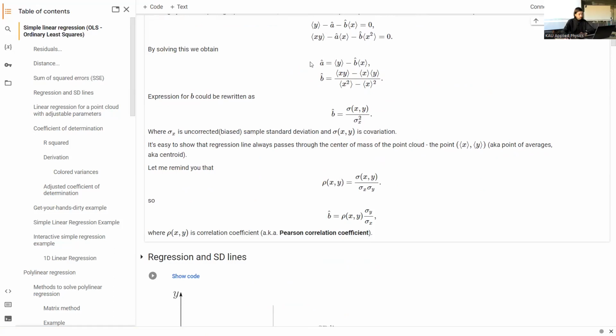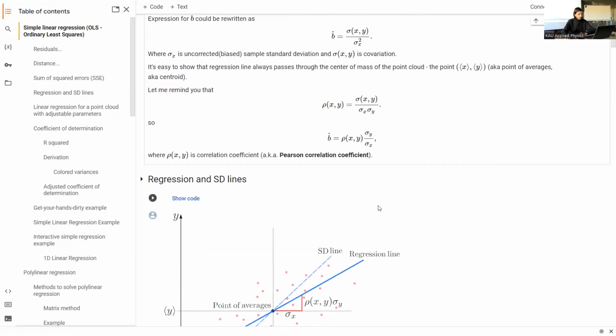The expression for A looks quite simple. The expression for B looks a little bit more complicated. But here is an interesting thing. When we are talking about that B coefficient, you see the expression here, it contains rho. Rho is the Pearson correlation coefficient.